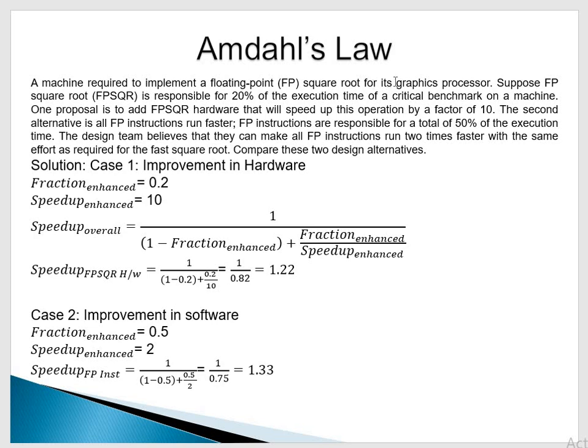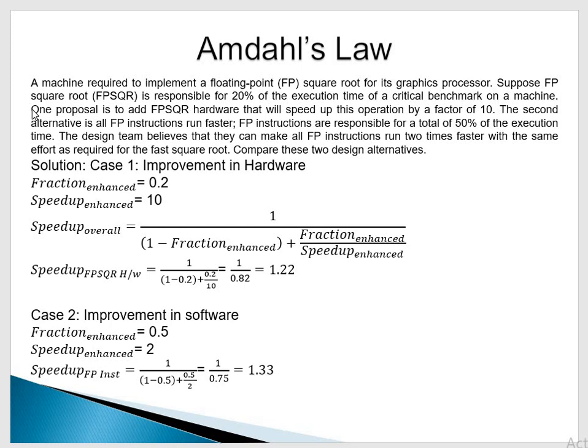of the main machine. Suppose that the floating point square root we have designed is responsible for 20% of the execution time for a critical benchmark. So the floating point square root we want to implement contributes 20% of the execution time for the whole machine.